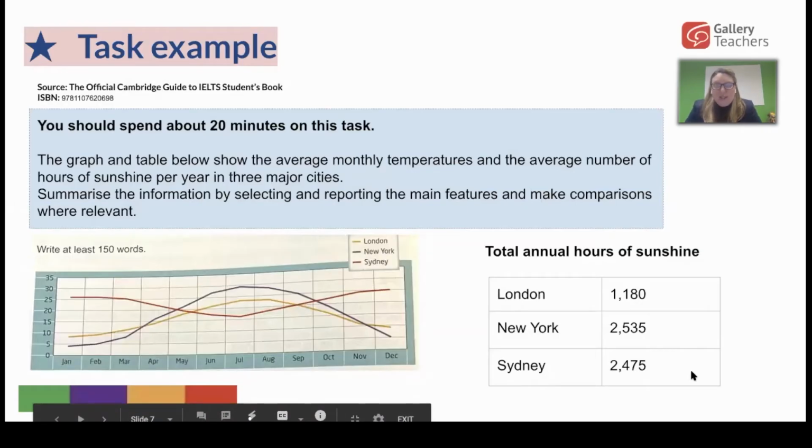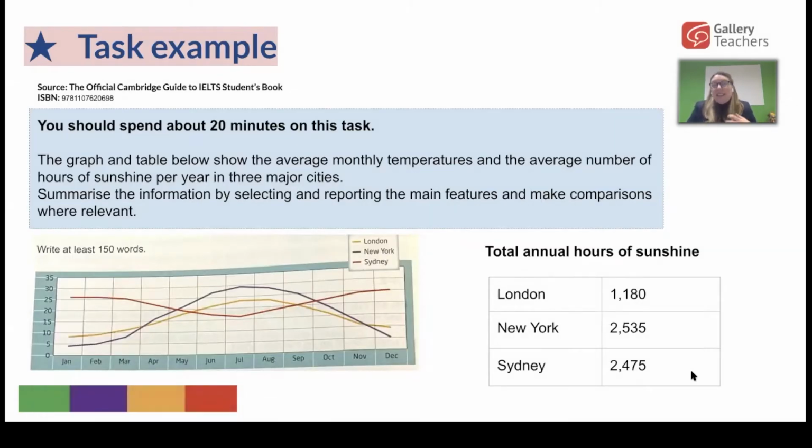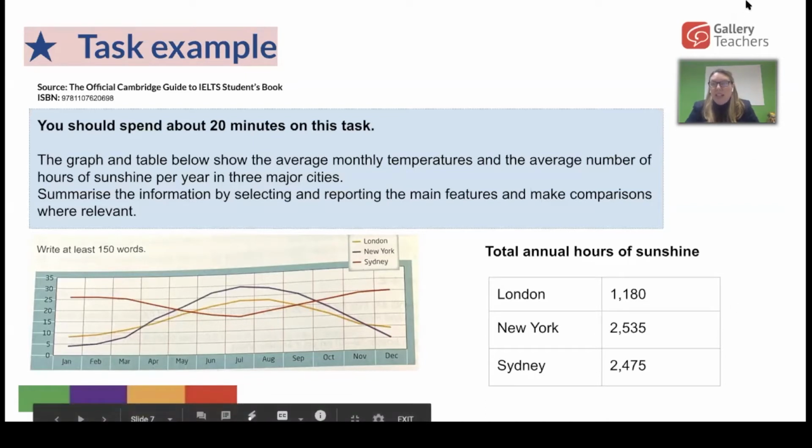All right, so let's take a look at a sample task. This is a sample IELTS task, which is taken from the official Cambridge Guide to IELTS student book. I am actually going to give you a minute now. I would just like you to take some time to read the information that is presented to you here on this screen.